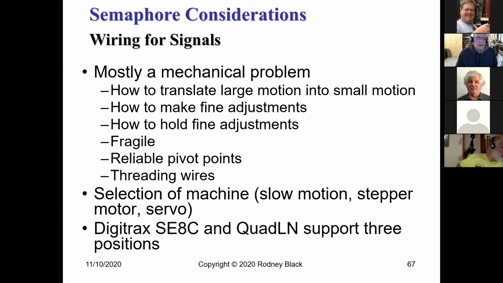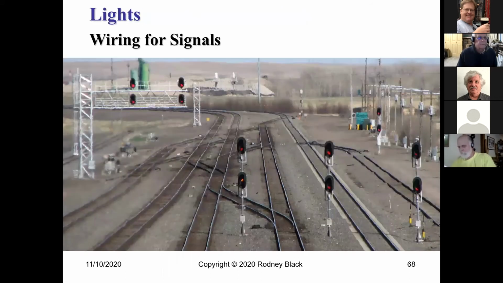You have a selection of machines you can use. Again, you've got slow motion, you can use stepper motors, you can use servos. We found that the Digitrax SEHC and the Quad LN support the slow motion, and they give you the three positions of feedback that you need to give the three positions of the blades.